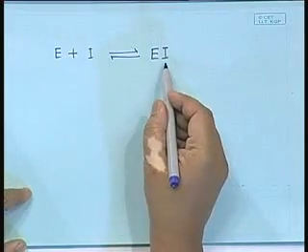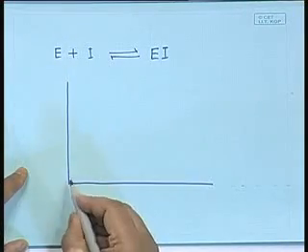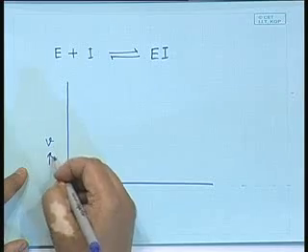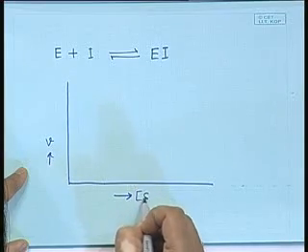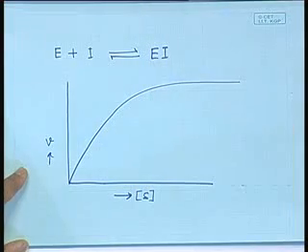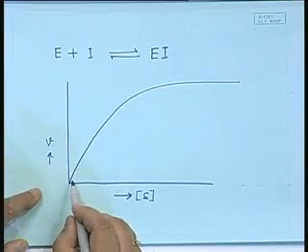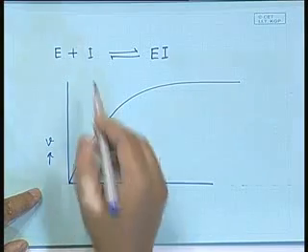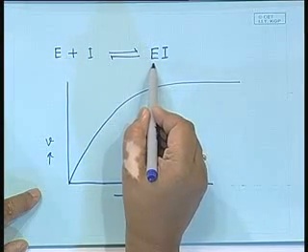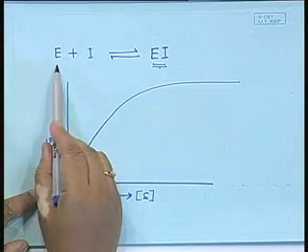Now what is going to happen in my normal kinetic set? This is what I get, right? If I have the inhibitor, how is this going to change? Since I have an equilibrium here, the enzyme inhibitor complex also dissociates to the enzyme and the inhibitor.